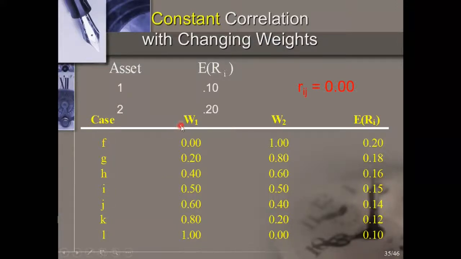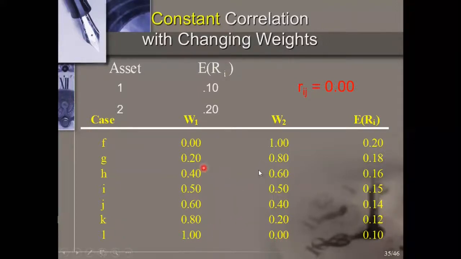Here we say that, for example, we are holding only asset 2 but not holding any asset 1, and then later on we bring in asset 1 as well. 20% of our investment is now in asset 1, and gradually we are increasing our investment in asset 1 and reducing our investment in asset 2, to the point that all of the investment is converted to asset 1, and no investment remains in asset 2.